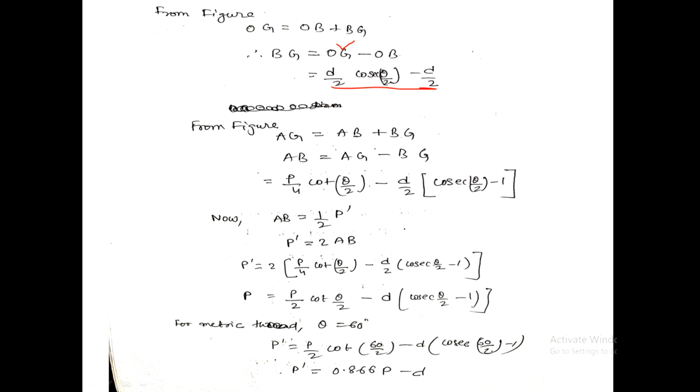Again, from the figure we get AG is equal to AB plus BG, and we will put the value of AG and BG. We will get this expression. We know that AB is equal to half of P dash, so P dash will be twice AB. Then we will get this expression. For metric threads theta is equal to 60 degrees. We put theta equal to 60 degrees in the above expression and we get this value of P dash.